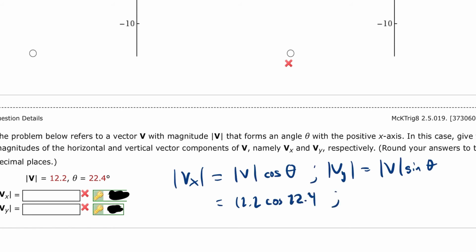Same thing for this one. 12.2 sine of 22.4. And if you do these, you will get 12.2 cosine of 22.4 is 11.3.